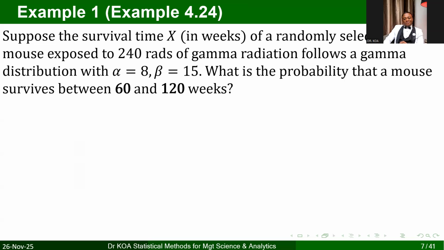Question: what is the probability that if I pick a mouse at random, given this above scenario, that mouse survives between 60 and 120 weeks? That mouse will still survive.